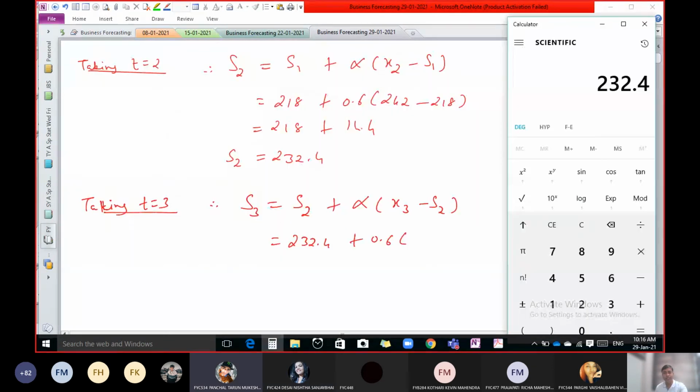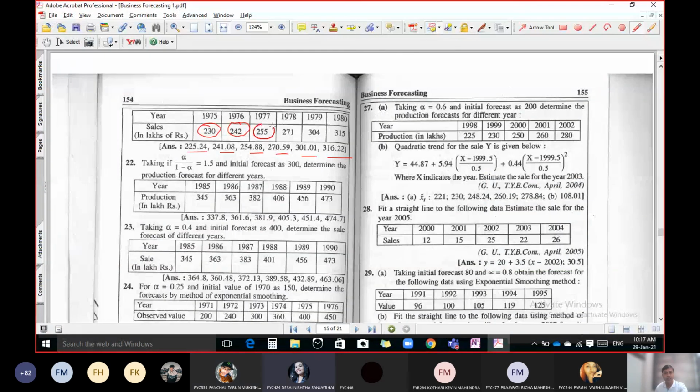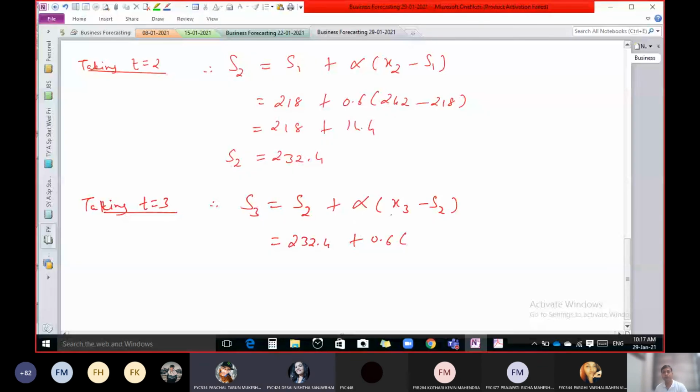What is x3? 255, minus 232.4. What is the calculation of the second part? 13.56. So the final answer is 245.96. This is the value of S3.